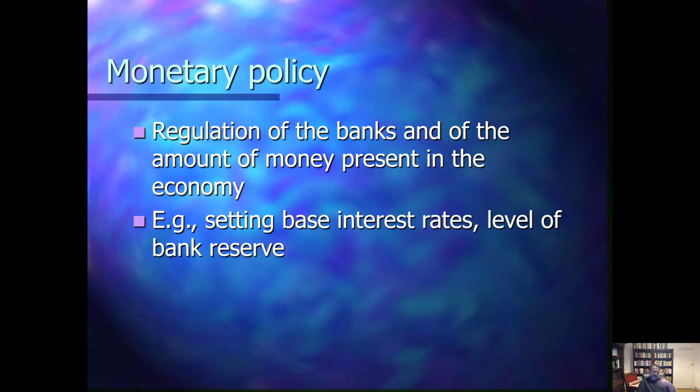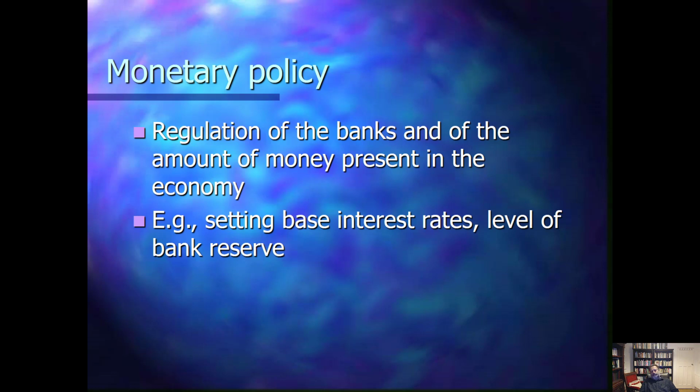So banks lend money that the depositors deposit to them, and in this way they increase the volume of money within the economy. If the level of bank reserves is increased relative to the deposits, they have to retain a larger amount that is not allowed to be lent out. Then, of course, that shrinks the amount of money within the economy.